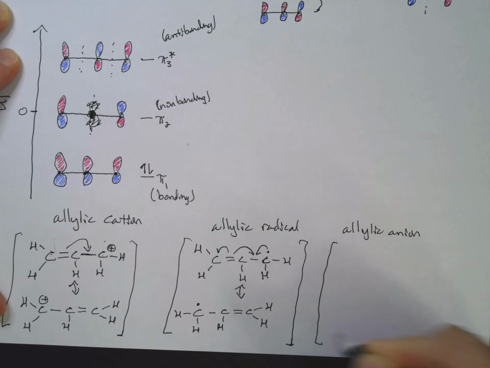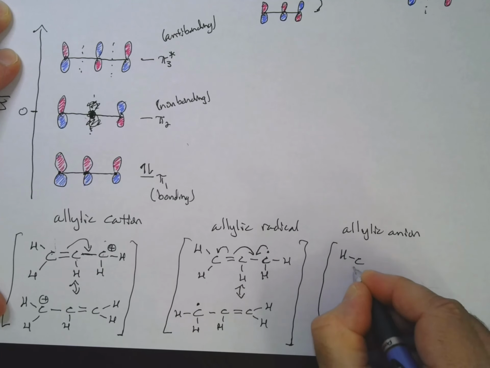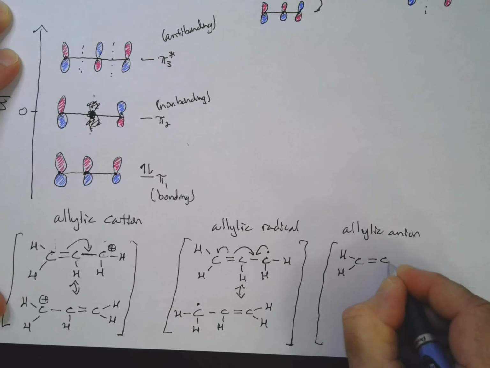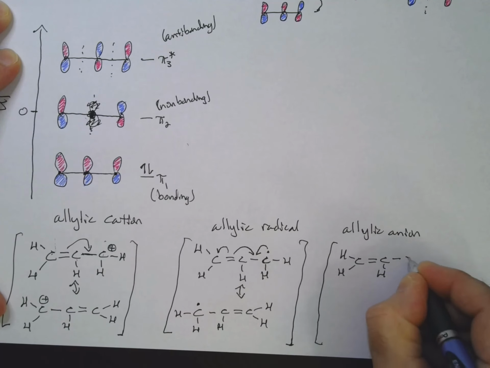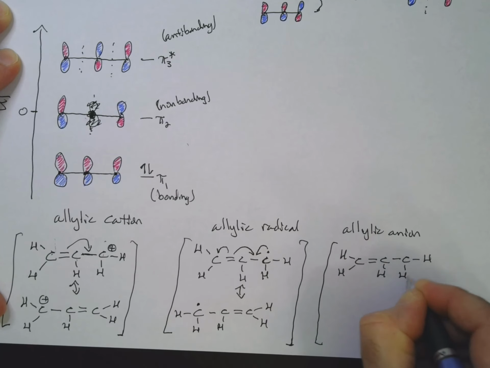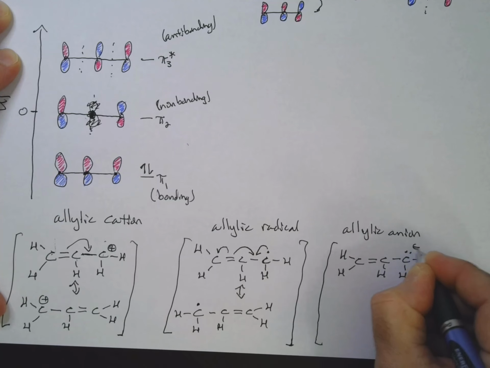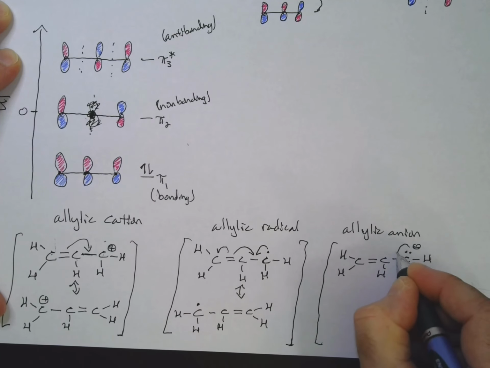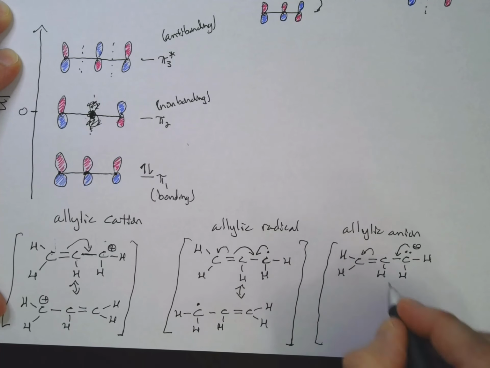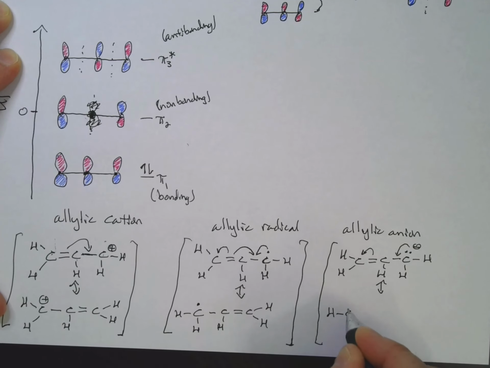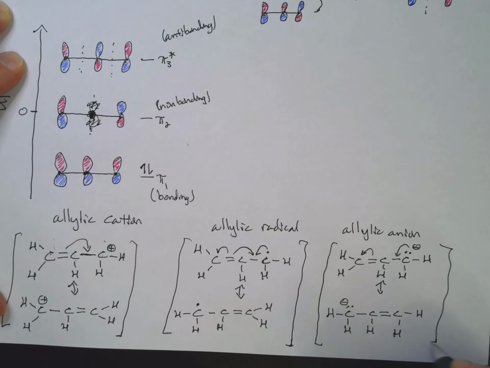And then my allylic anion has a lone pair and a negative charge. So I could push that over and push those electrons over. And that will give me my allylic anion system.